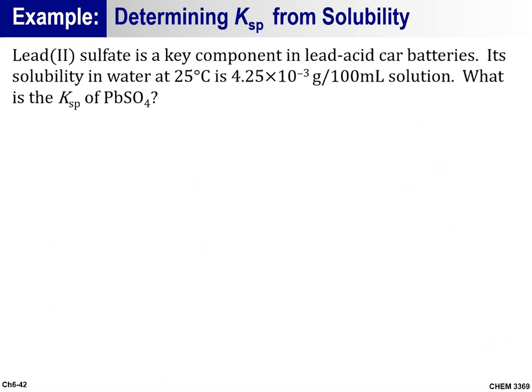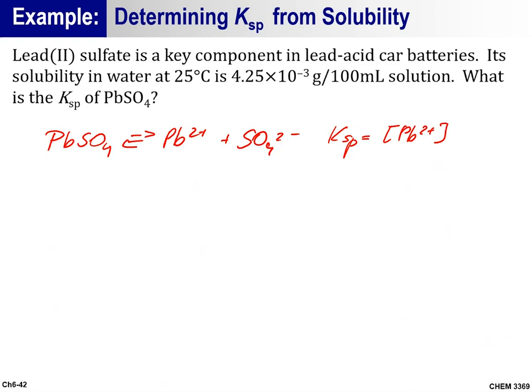Since the salt in question is lead sulfate, PbSO4, which dissociates into Pb2 plus and SO4 2 minus, the KSP is the concentration of Pb2 plus times the concentration of SO4 2 minus.